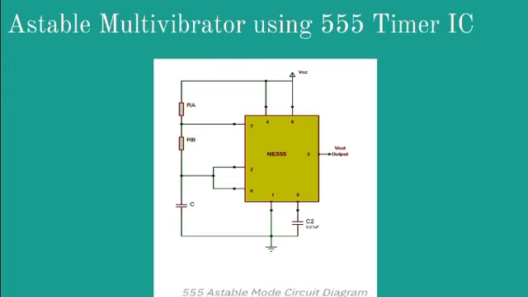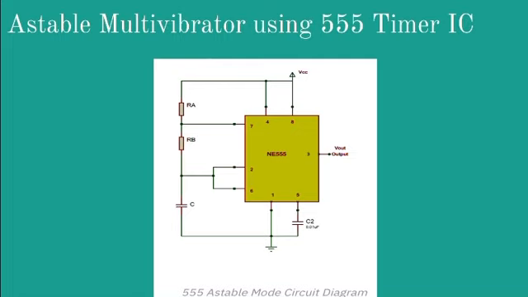In that condition, you have to use an astable multivibrator, because it is the best circuit you could use to build this application. Unlike the monostable multivibrator, this circuit does not require any external trigger to change the state of the output. Hence the name free running.